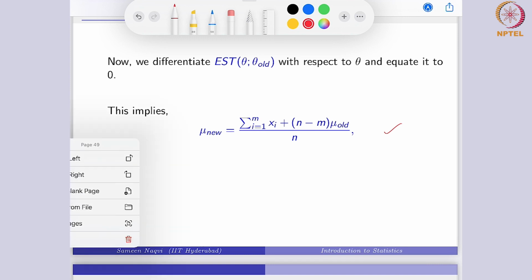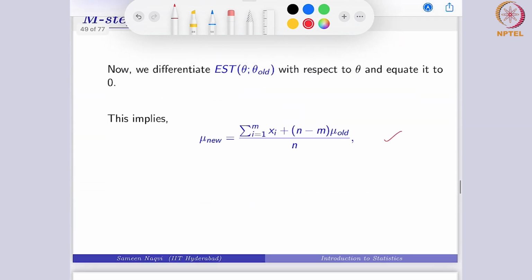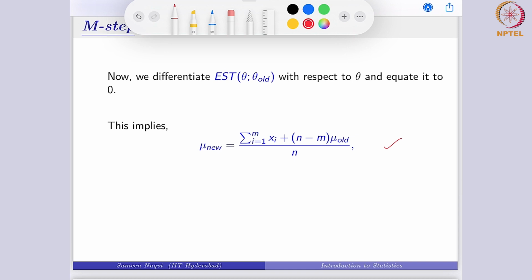So I can add a blank page. Before that, let me just write over here what it is.